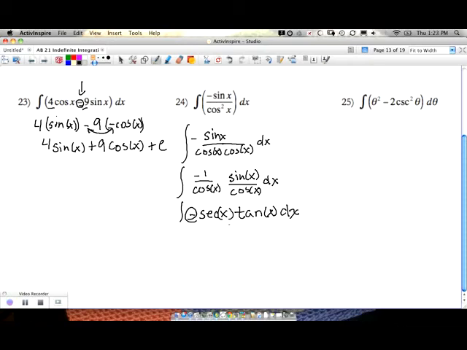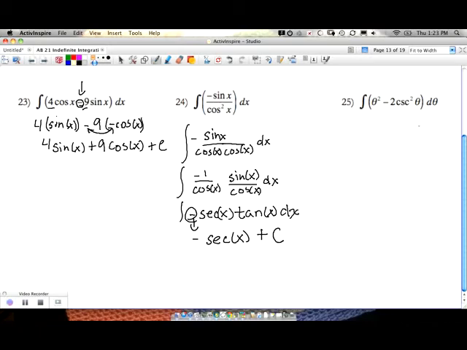In other words, there's something that when you take the derivative, you get secant x tangent x. That is secant. But this negative is a constant. It's negative 1, so we're going to carry that through. So it's secant x with a negative, and then plus c.